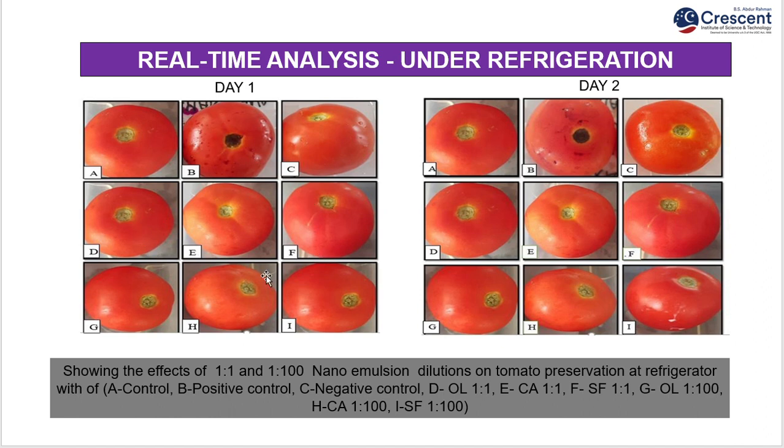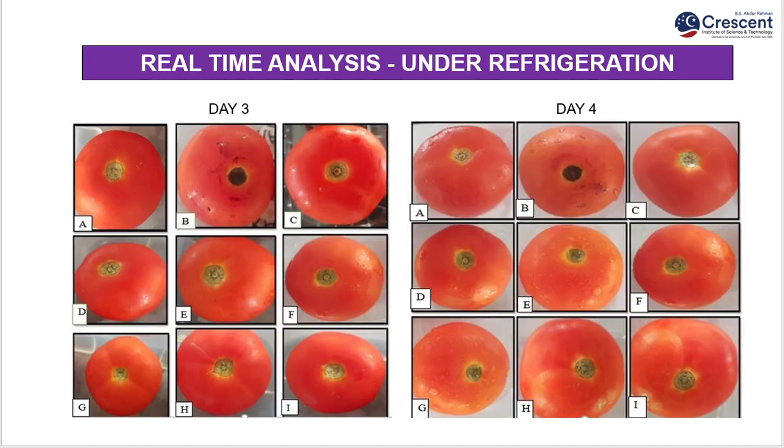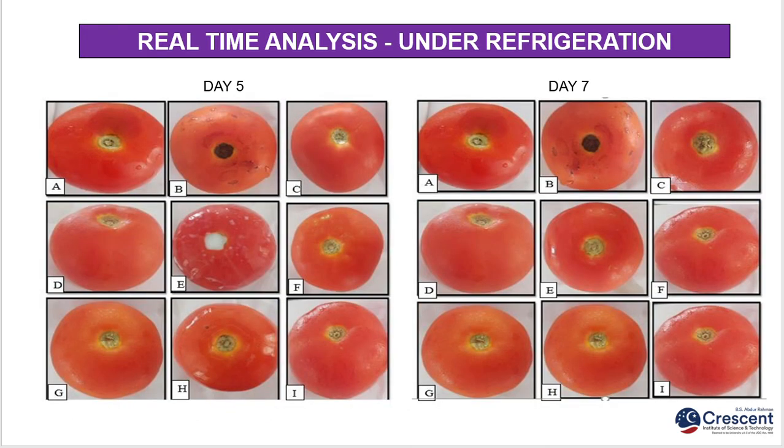You can see day 1, day 2, and different groups with different nano emulsion sprays. For example, this is day 3 and 4, and then day 5. You may see some changes in the control, but no changes in the other groups.